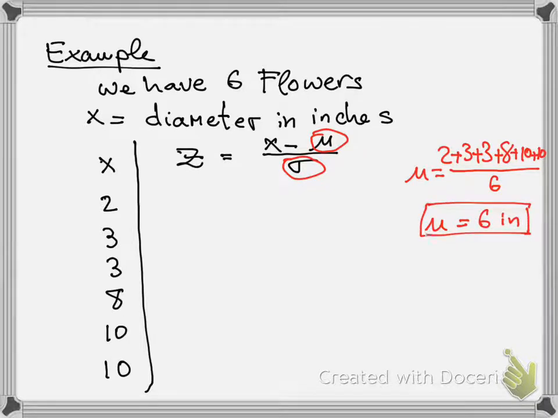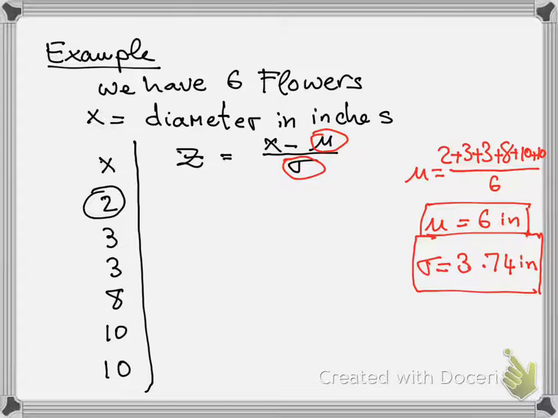And then, we know how to compute the standard deviation, so use the standard formula. Let's say the standard deviation sigma is equal to 3.74 inches. Okay, now if you want to compute the z-score, here's 2.